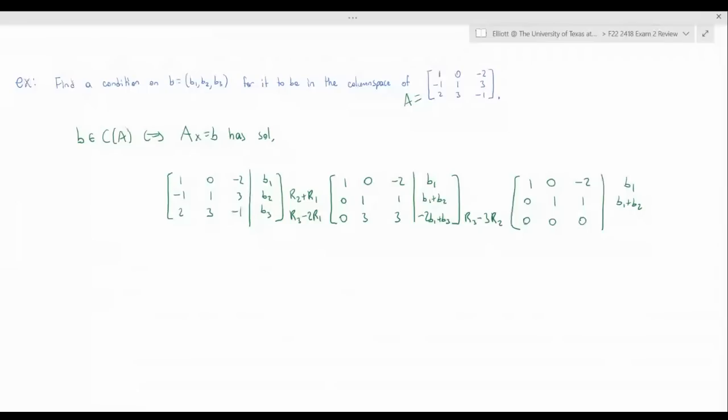Now notice that we get this row of zeros, and then on the right, we have row 3 minus 3 of row 2, which altogether leaves us with 5b1 minus 3b2 plus b3.